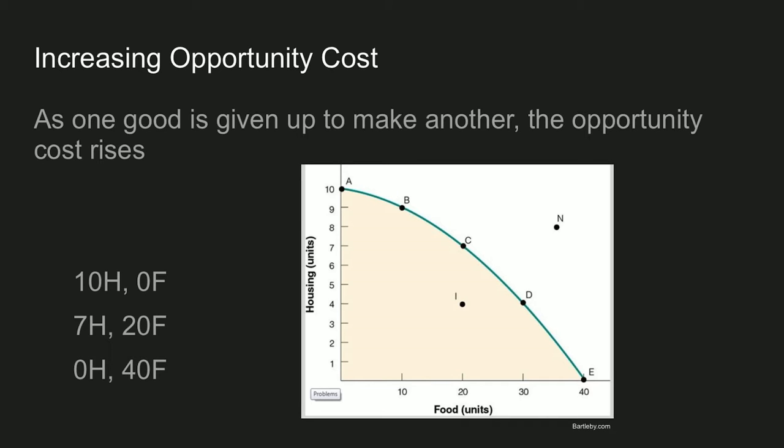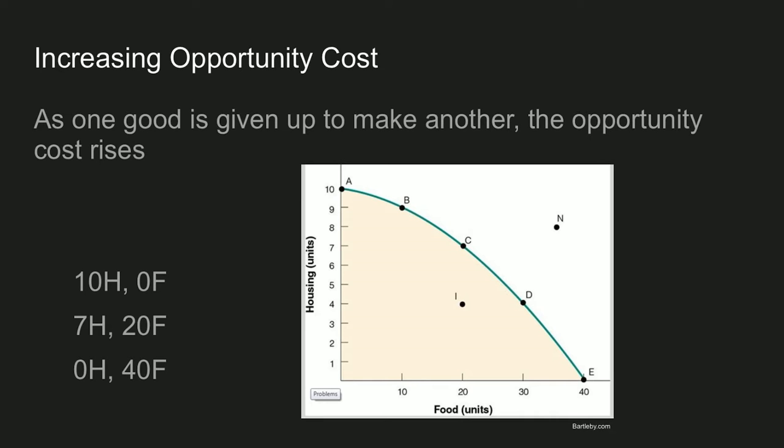Point N is impossible, as we do not have enough factors of production or resources to produce there. In order to produce there, we will need a shift in the PPC, or more factors of production or technology, which we'll talk about in a future episode. However, point I is possible as it lies within our PPC. However, it represents economic inefficiency, which we'll later talk about.